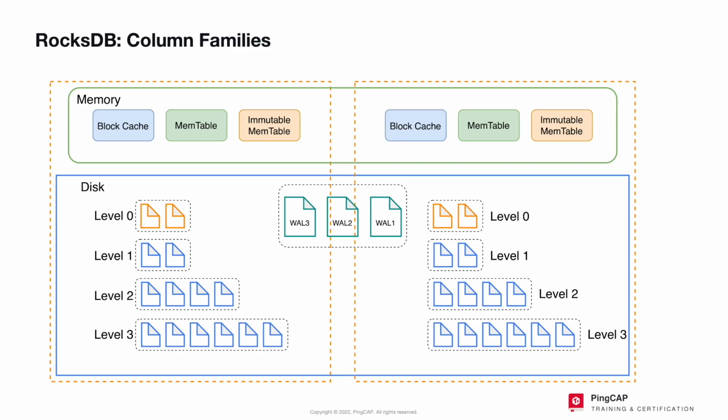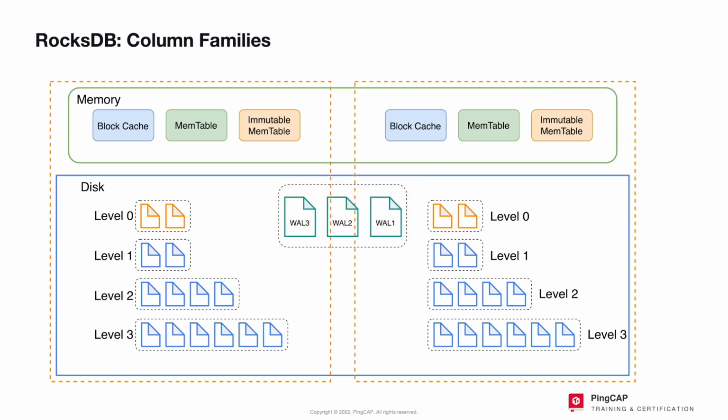The main implementation idea of the column family is that they share a write-ahead log, but they do not share a memtable and table files. Atomic writing is achieved by sharing write-ahead logs. By isolating memtable and table files, we can configure each column family independently and quickly delete them.